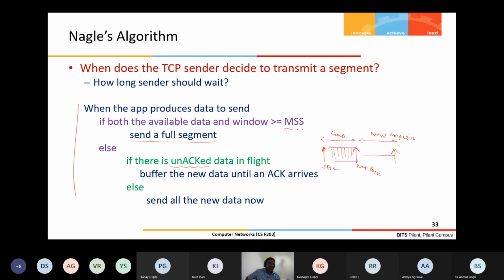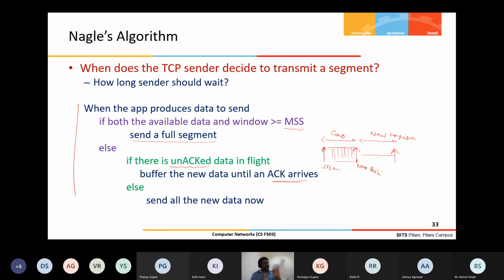So if there is unacknowledged data in flight, then buffer the new data until an ACK arrives, meaning you wait for the ACKs to come from the receiver side. Now it is solving the problem, because at the receiver side we cannot make the arrangement that the receiver should wait.